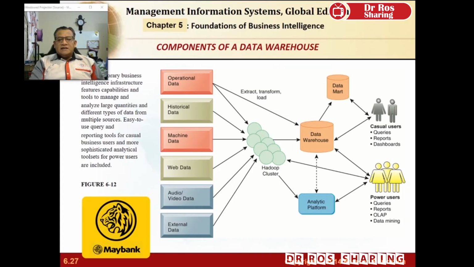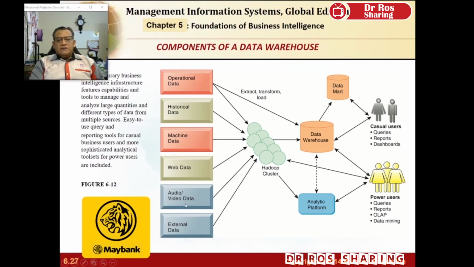As I said earlier, you could use a software application like Hadoop in order to process, categorize, and analyze the data. So this Hadoop, for example, in the data warehouse like from Maybank. At the Maybank server system, it has operational data. It also has transactional historical data that you have purchased through Maybank. It has machine data, data from its website, maybank2u.com.